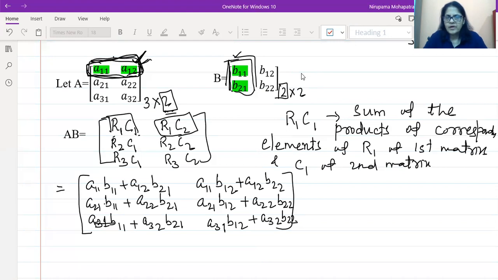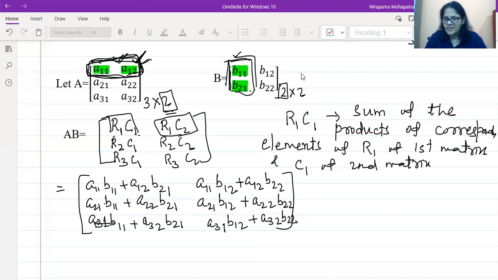Similarly, when we talk about the second matrix, the number of elements in any column is equal to the number of rows of the second matrix. So here we should have an equal number of elements. It means the number of elements in each row of the first matrix should be equal to the number of elements in each column of the second matrix.